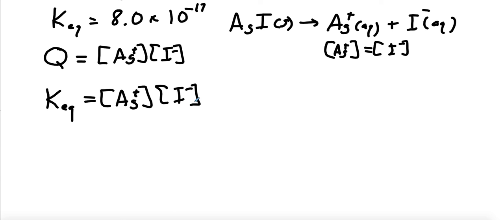And if we write K, it looks exactly the same. But it's not the same, so we really should be careful and put notation on these to say that we're talking about equilibrium concentrations, because K is a constant. At equilibrium, what are the concentrations of iodide and silver? If you multiply those, you get a K, which is a constant. It doesn't vary. But Q is any number.